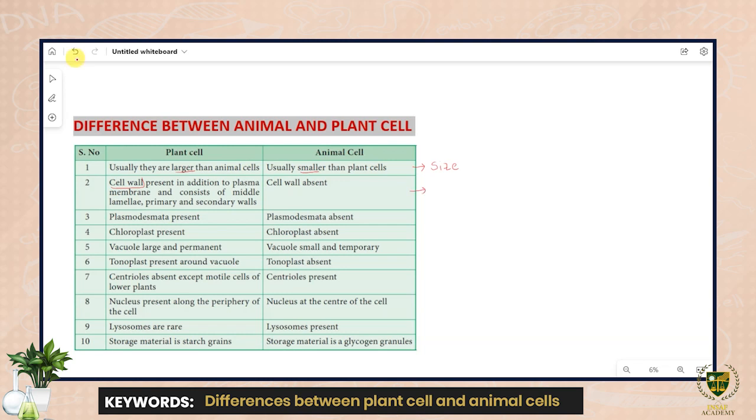Second heading is of cell wall. So dear students, as far as the cell wall is concerned, it is an additional covering over the plasma membrane.